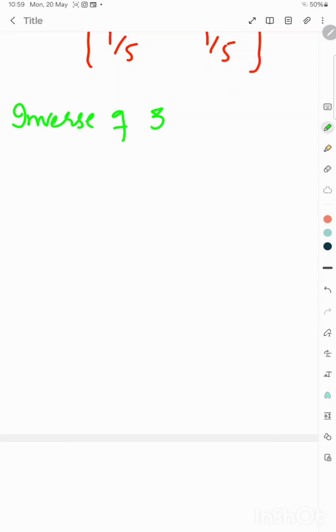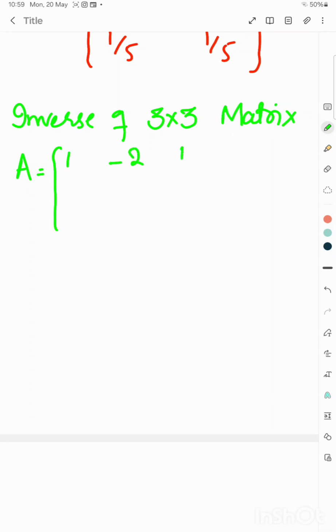Now we will go for finding the inverse of a 3 cross 3 matrix. So student, here an example is given, and matrix A is given, which is equal to 1 minus 2 1, 0 1 minus 2, minus 1 2 0.